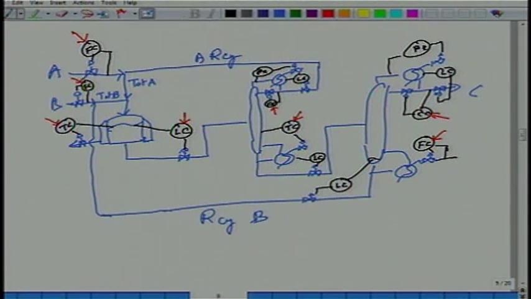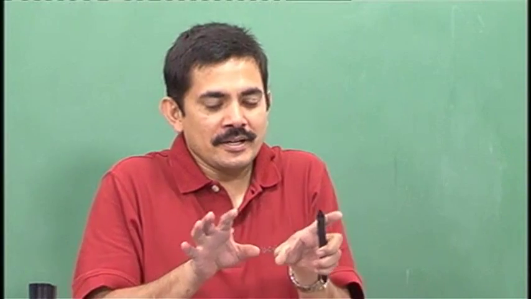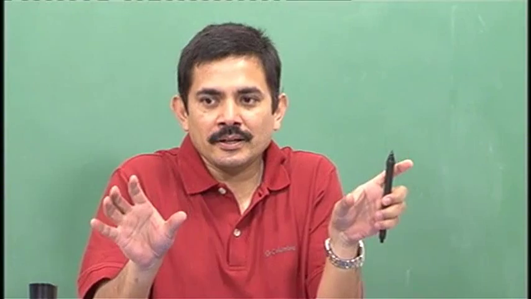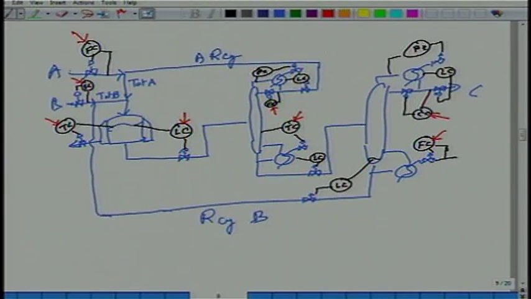Now in this case, the process itself is separating A and B separately. How do I figure out whether A is building up in the process or not? By looking at the recycle flow rate. If that recycle flow rate is going up, I am putting in too much A. If it is going down, I am putting in too little A.